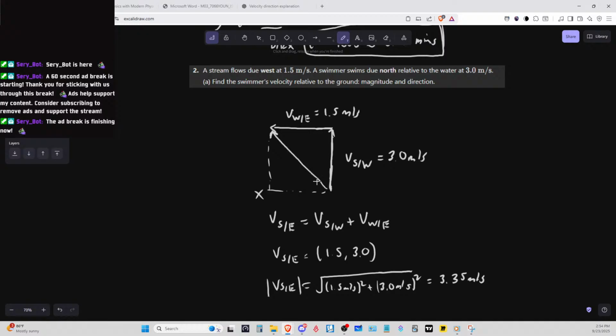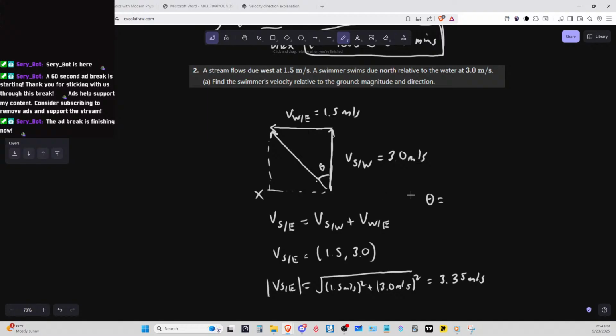I don't think this angle is going to be it, so I think it's going to be this angle. Because I think the best way to think about it is: are we trying to get to the parallel of our starting point, or are we just going to try to get to the other side? That's the only way I can think of it. So if we're just going to the other side without worrying about going in a straight line, then I think we have to use this angle.